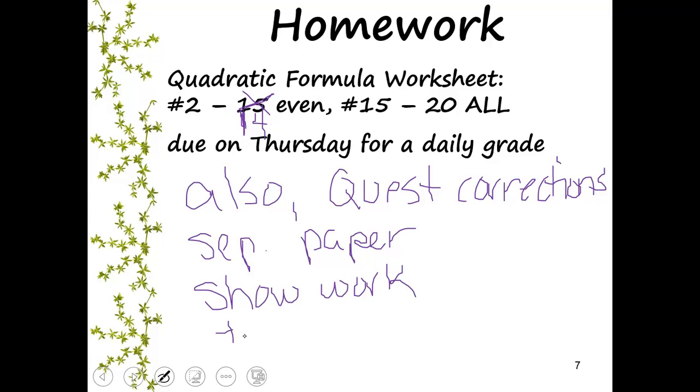And you have to turn in the original Quest and the separate sheet of paper in order to get credit. It's due tomorrow. You'll have the 30 minutes in class to work on it. But I don't know that you can get it all done in just 30 minutes. So work on it. Hopefully you've been working on it last night and work on it tonight, and then you'll have some time tomorrow to do it. All right?